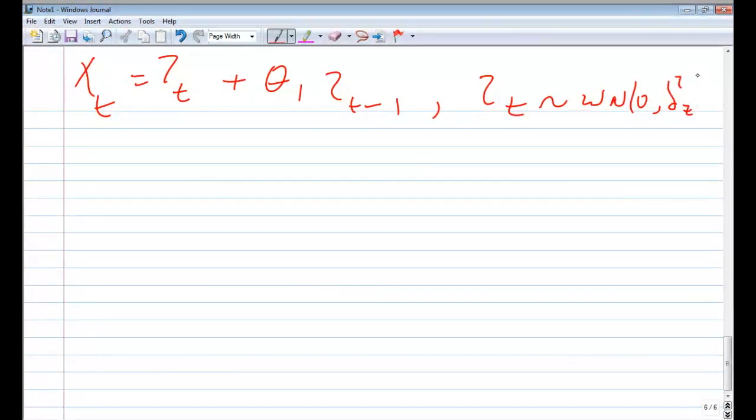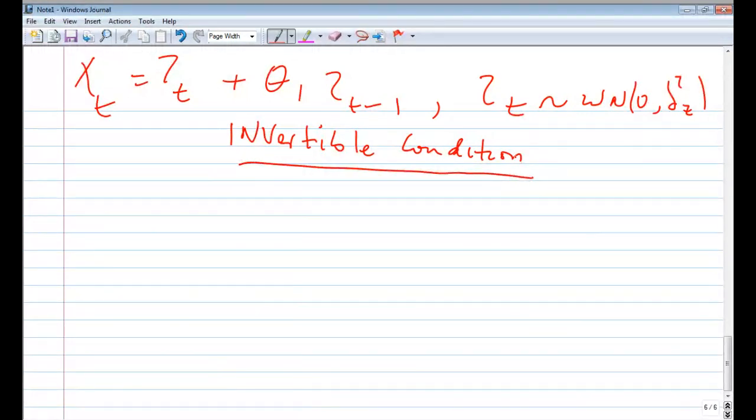So now, as I said, the moving average processes are always stationary, but we have to prove the invertibility. So let's come with the invertible condition now. Here we are going to have only one condition because we have only one parameter, and the parameter that we're talking about is theta 1.